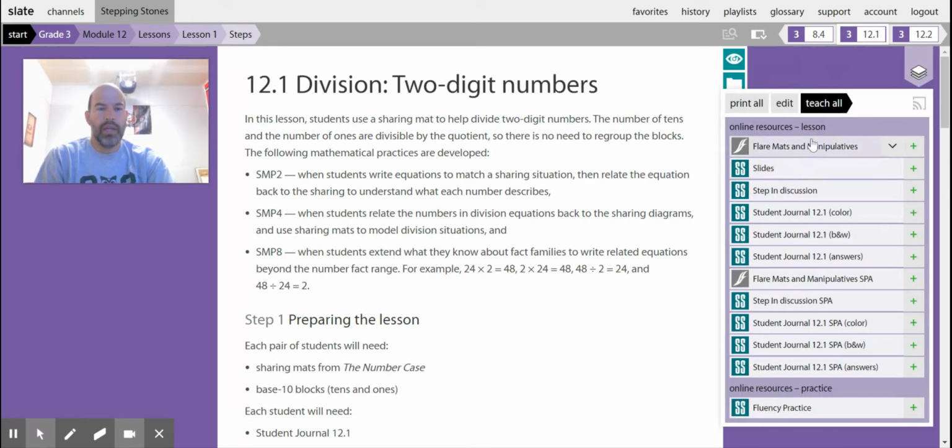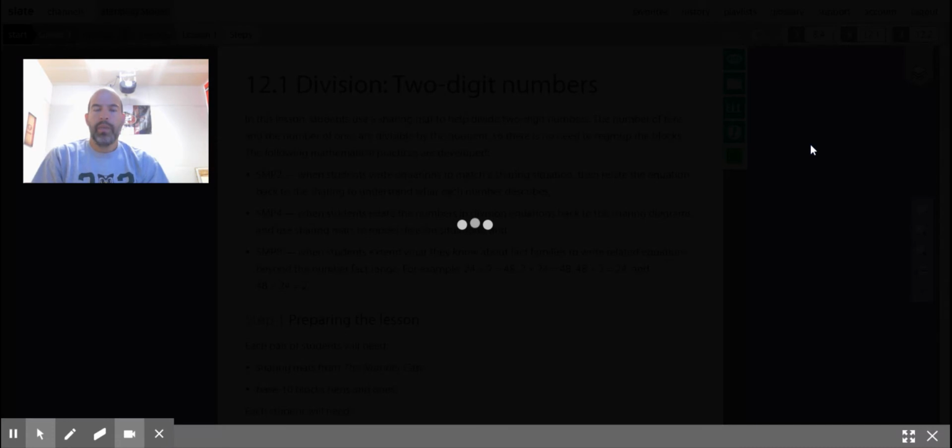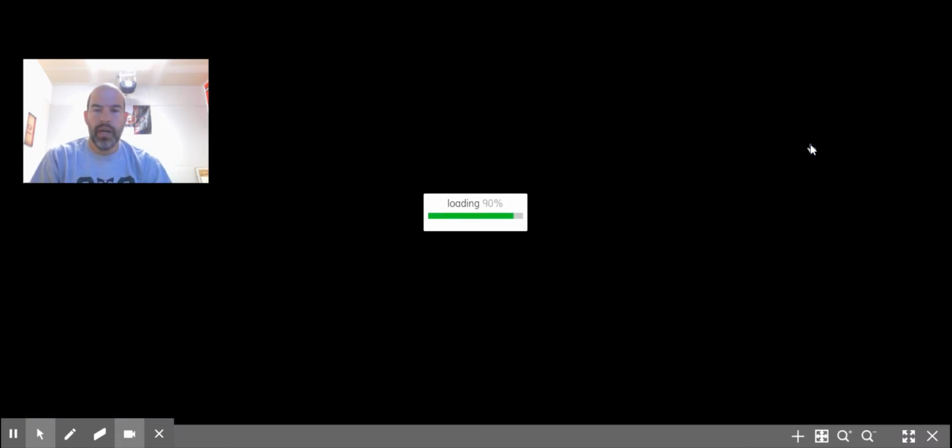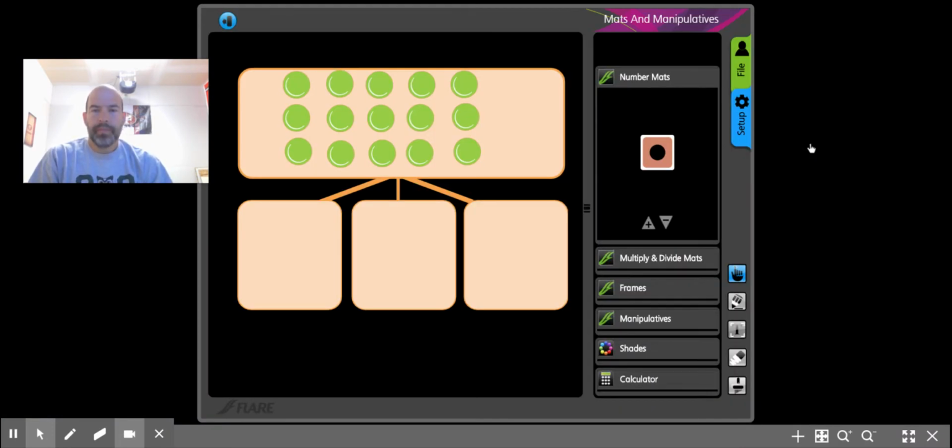So to get us started here, the first thing we have is our flat mat with our manipulatives in the large rectangular box above, and then three smaller boxes below. So first of all, what do you know about this picture?